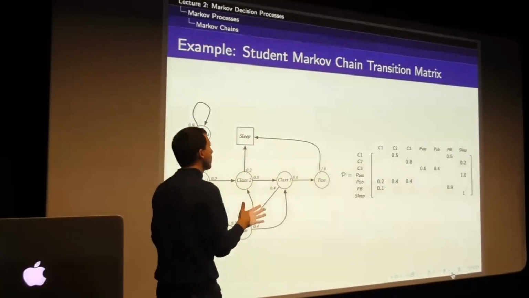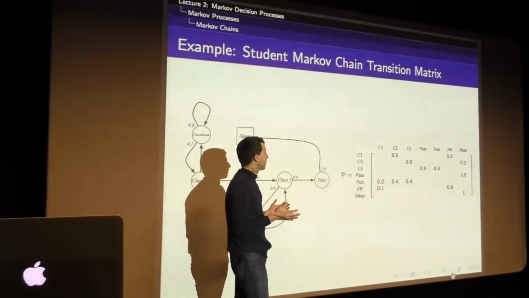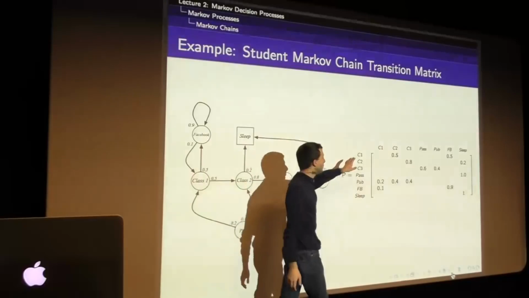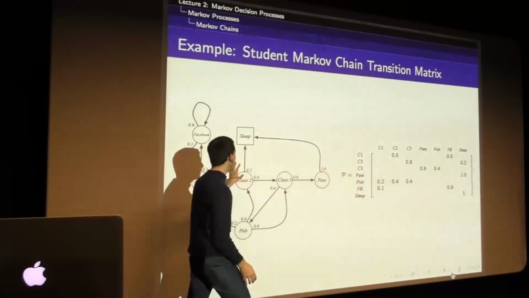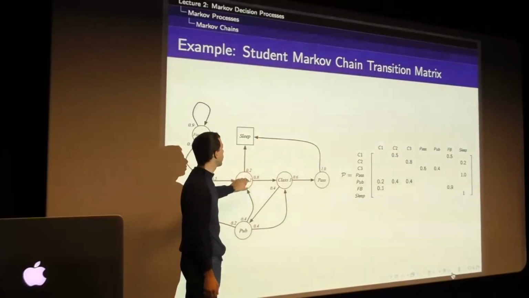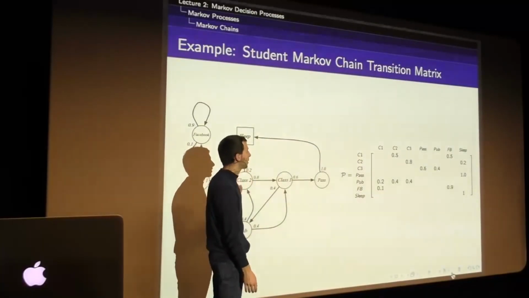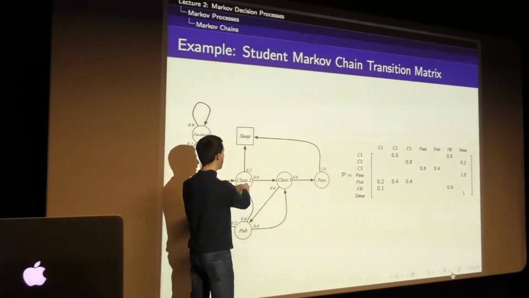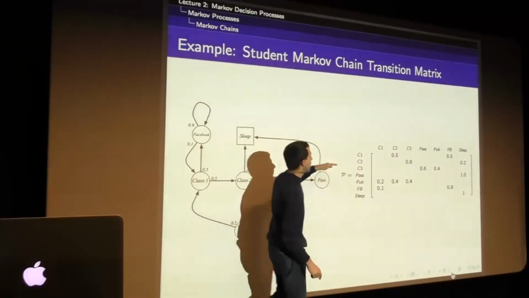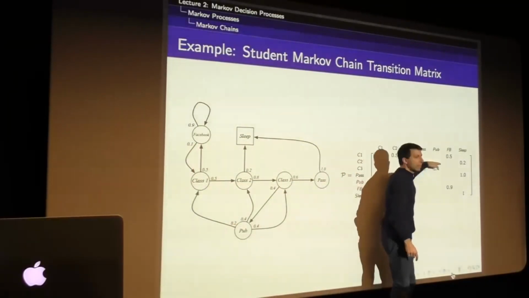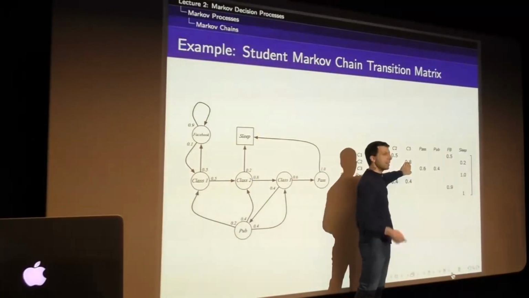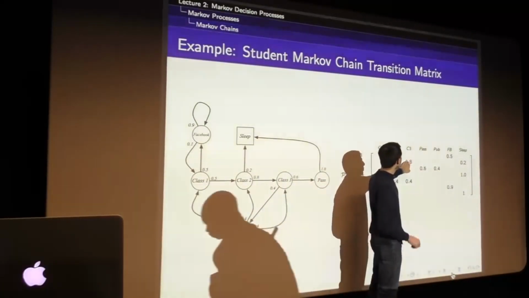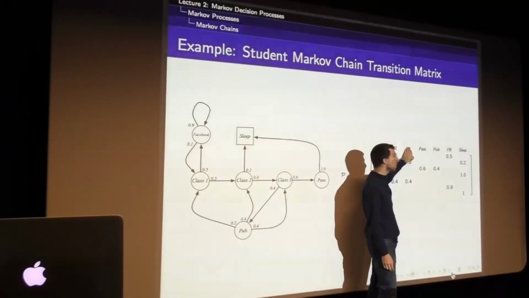Okay. And now we can look at the transition matrix for this problem. The transition matrix is fully described over here. It basically tells us, for any one of these states which we might have been in, what's the probability of transitioning to any other one of these states. So for example, if we consider class 2 here, and we look across this row of the transition matrix, it tells us there's a 0.8 probability, an 80% chance, of transitioning to class 3.